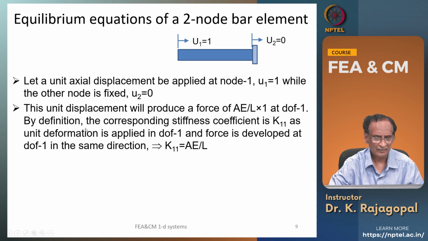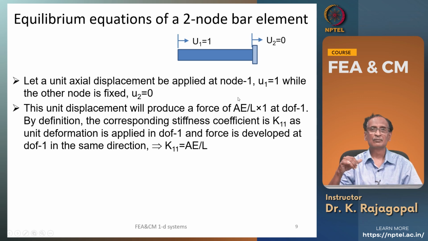And so, the unit deformation at 1 will produce a force equal to AE by L times 1, because AE by L is our stiffness that is related to the force through the displacement.